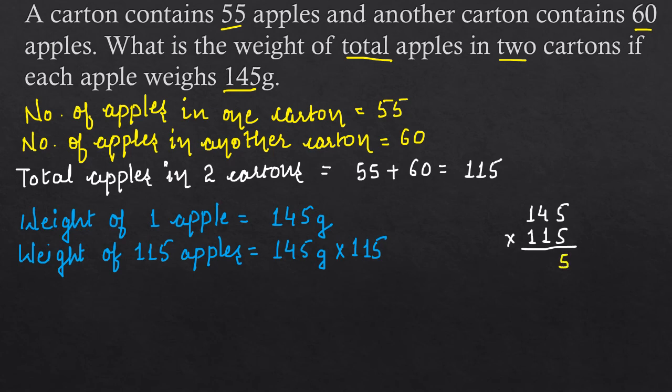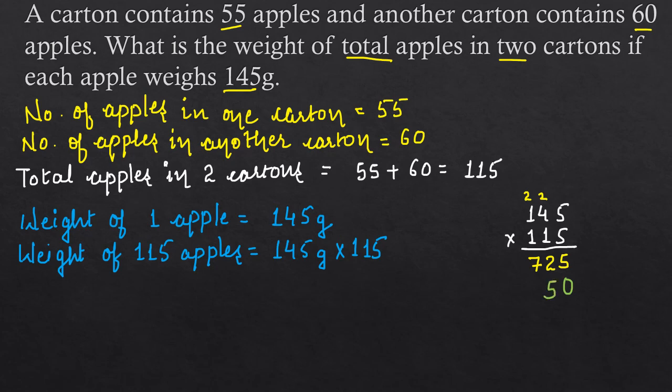So 5 fives are 25, 2 carry. 5 fours are 20 plus 2, 22. Again 2 carried here. 5 ones are 5 and 2, 7. Now take 1 but put 0 at one's place because this one is at ten's place.